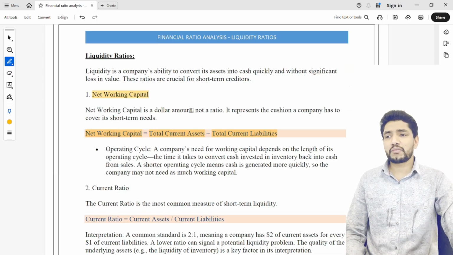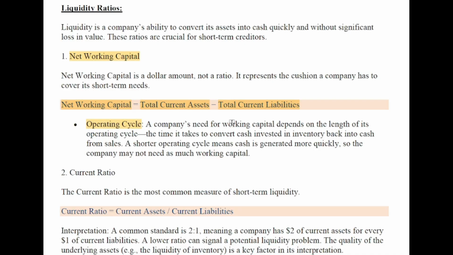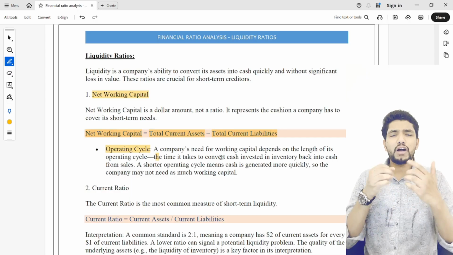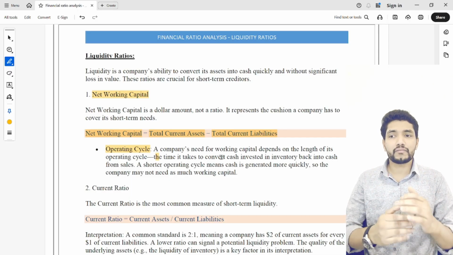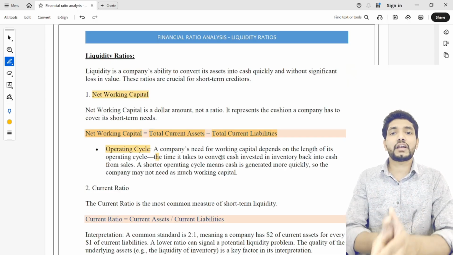Another important terminology is the operating cycle. A company's need for working capital depends on the length of its operating cycle. The operating cycle is the time it takes to convert the cash invested in stock and receivables back into cash. That means how long the company takes to convert its inventory into sales and the sales into cash.